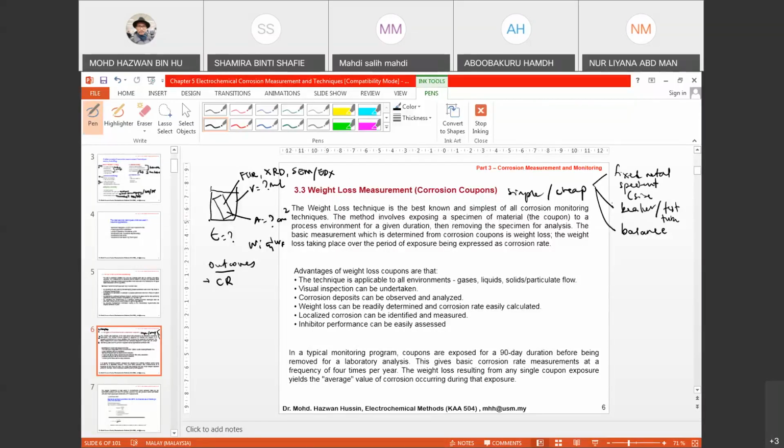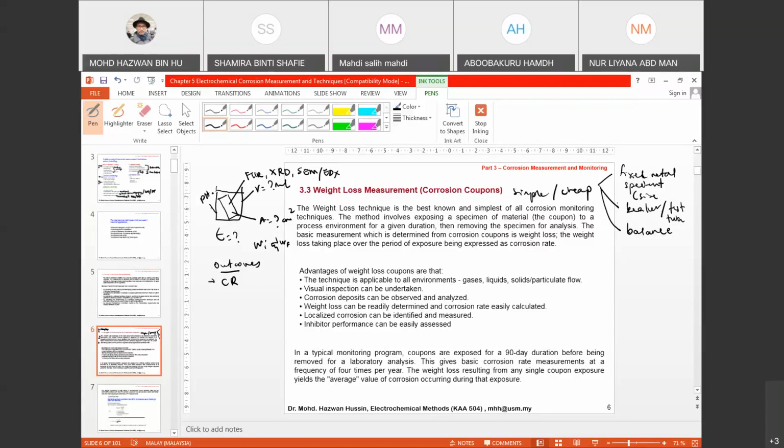Even for the solution, the electrolyte, after you have done it, you can see the pH, the ion content, and others.